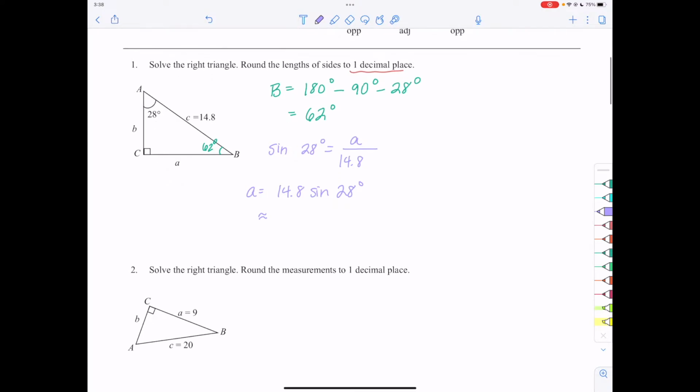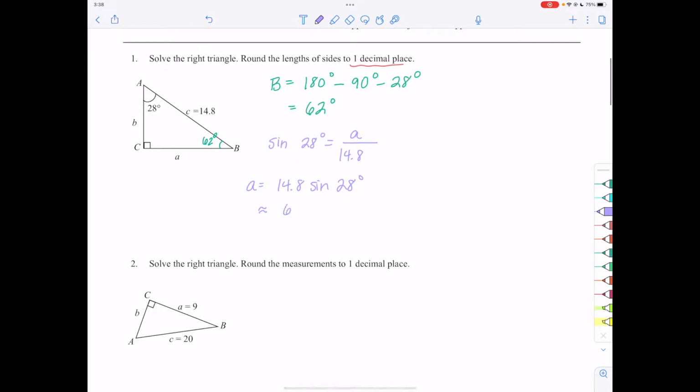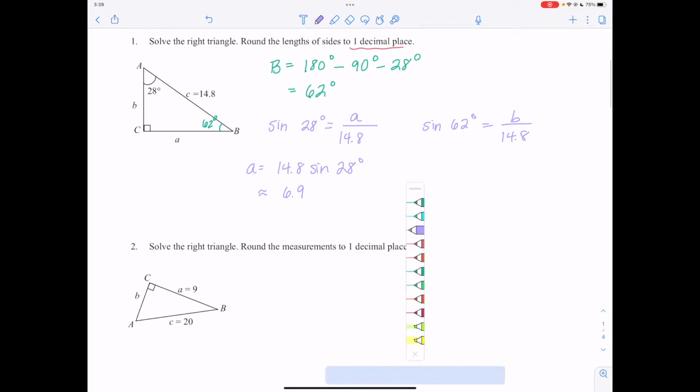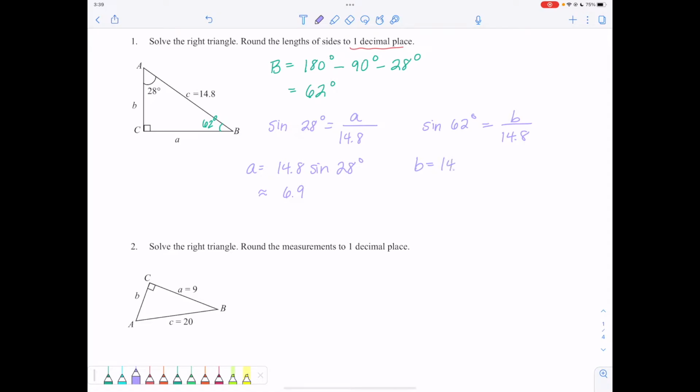And you should come up with 6.9. We can also say that the sine of 62 degrees is equal to B divided by 14.8. And now we can say that B is equal to 14.8 multiplied by the sine of 62 degrees, and that's approximately 13.1.